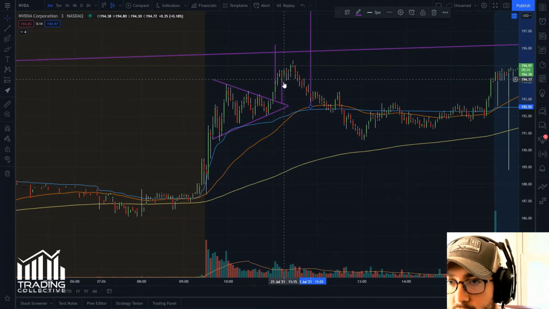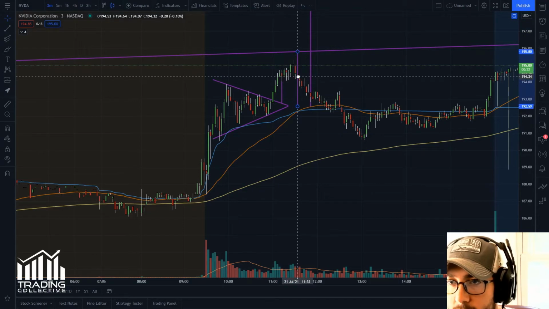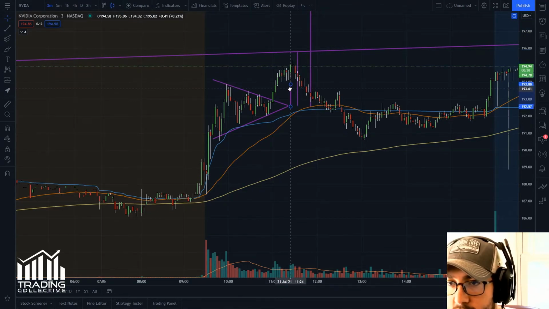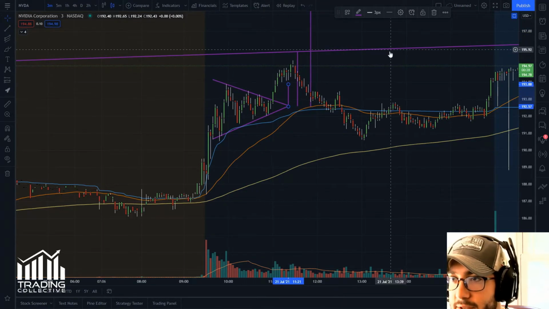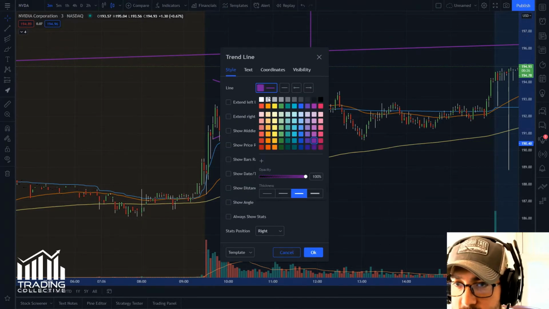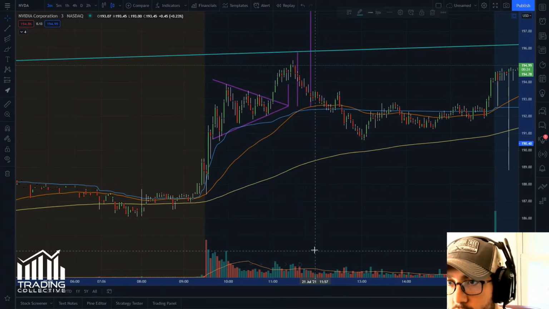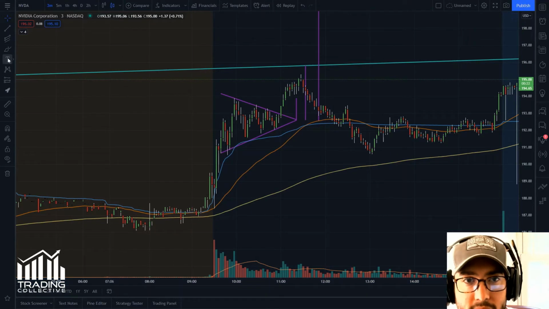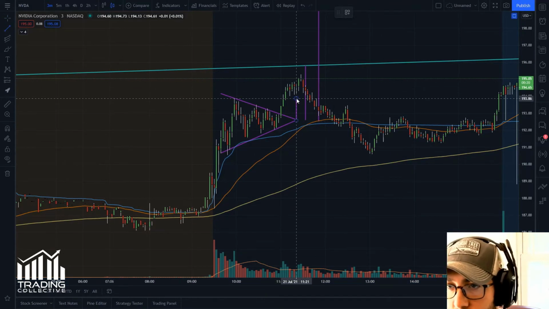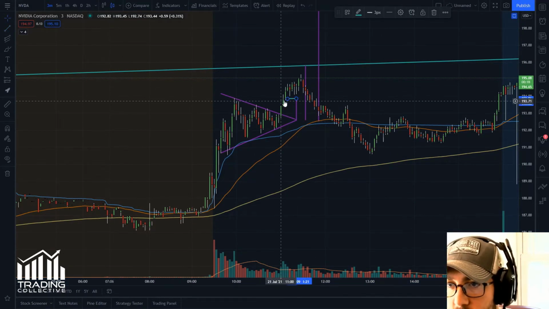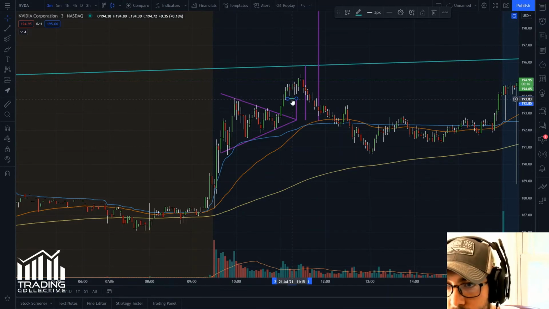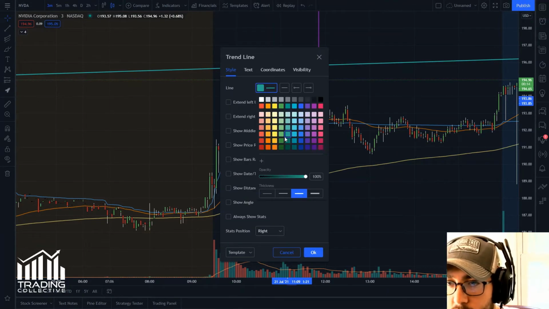We're going to shoot these out a little bit, and we're going to make them different colors so that you're not getting confused here. So we'll change this middle trend line to blue, and then we'll make some more little lines here. I want these to be purple though.